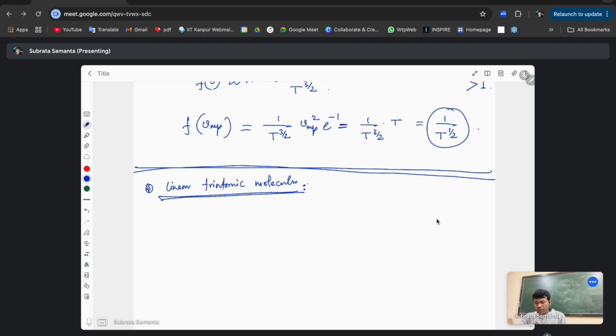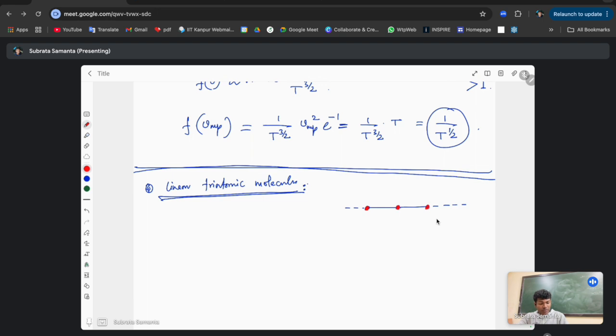Okay, so the molecule is placed in this form. We have one atom, another atom, and another, along a line. So let's say this is the molecule, a linear triatomic molecule.